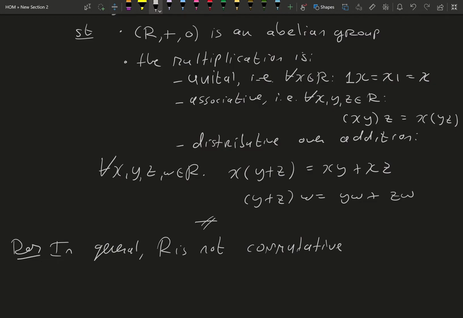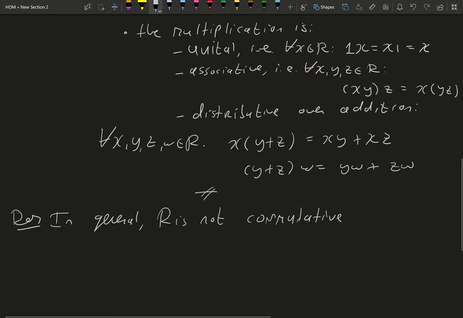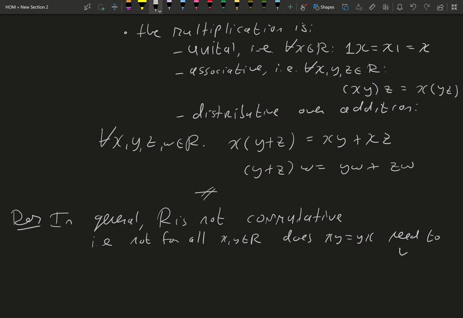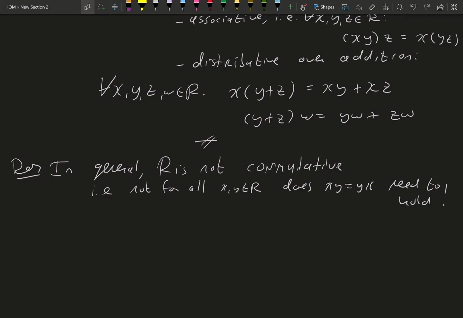So although these rules and other rules which you can deduce from the axioms hold in a general ring, what you cannot show for a general ring is that for all x, y in R, xy equals yx needs to hold. So there are rings for which this rule, which normally you would think would hold in multiplication, does not hold.